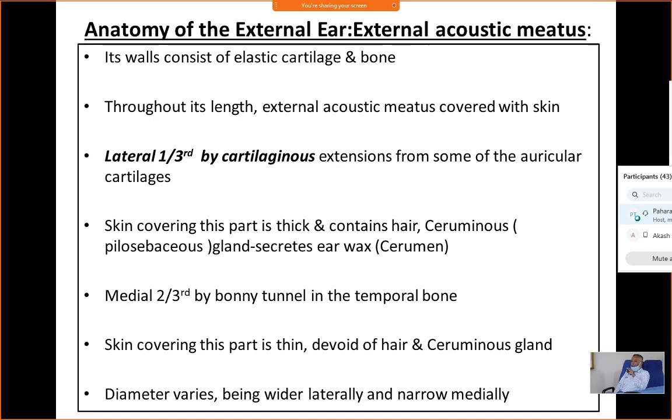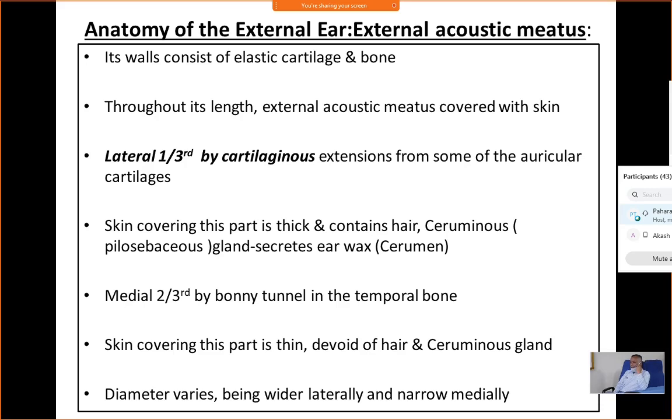These ceruminous glands secrete sticky wax or cerumen. What happens if some dust particle enters? It gets trapped and sticks by means of the cerumen, and ultimately forms the ear wax, which we have to clean properly.